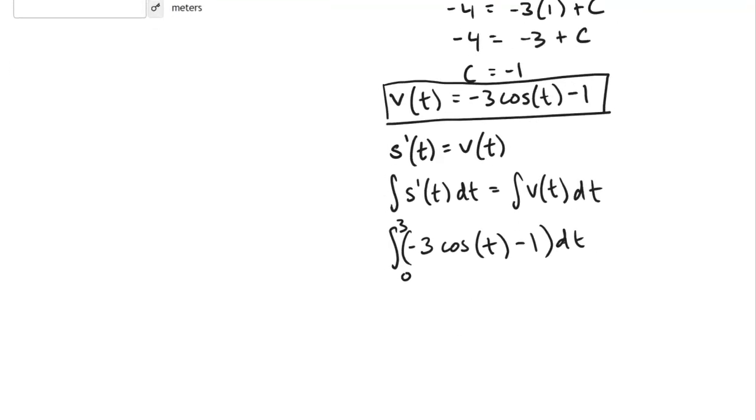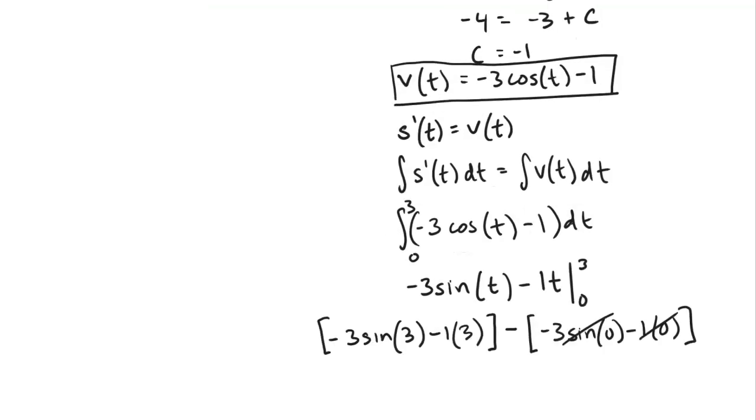The antiderivative of cosine is sine, so we have -3 sin(t), and the antiderivative of -1 is t. Putting this into my calculator tells me that this would just be -3.4234.